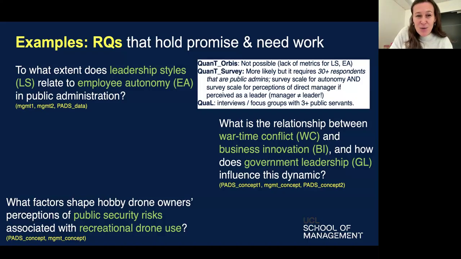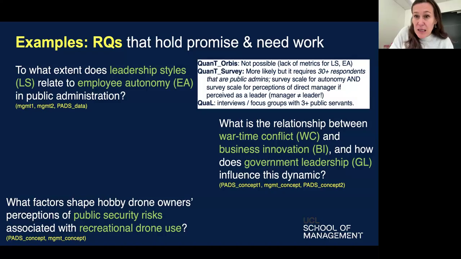I'm pretty sure it doesn't exist, or for employee autonomy. Therefore, Orbis is probably not an option for this question. A survey is more likely. However, it requires 30 or more respondents who are public administrators. So where would you get 30 public administrators would be the key question for the team handling this research question.